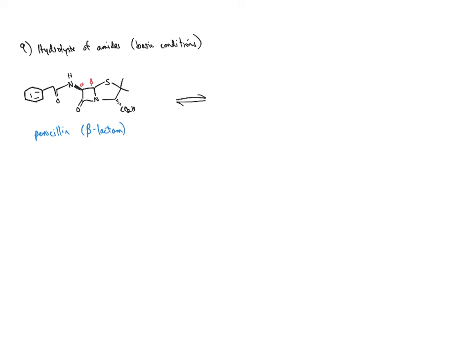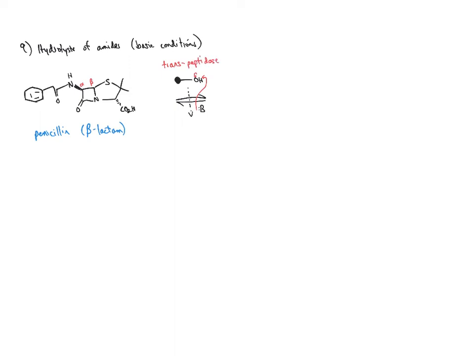And so what happens with this penicillin is that you can get a serine residue, and I'm just going to label this as an OH. A serine residue becomes deprotonated in the active site of an enzyme. And that enzyme that we're talking about here is what's known as a transpeptidase.